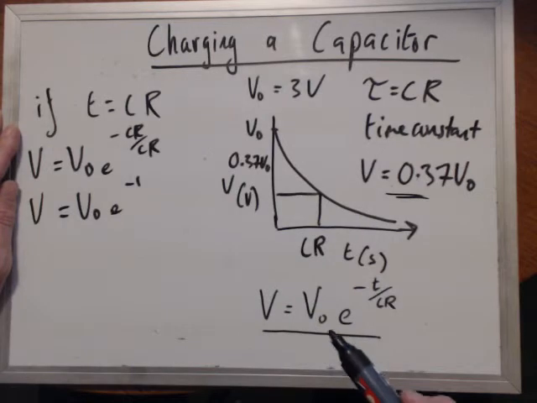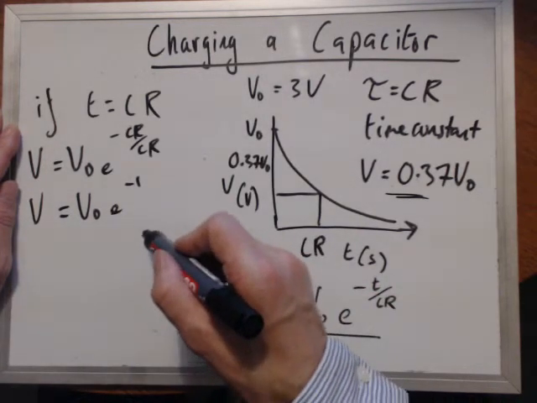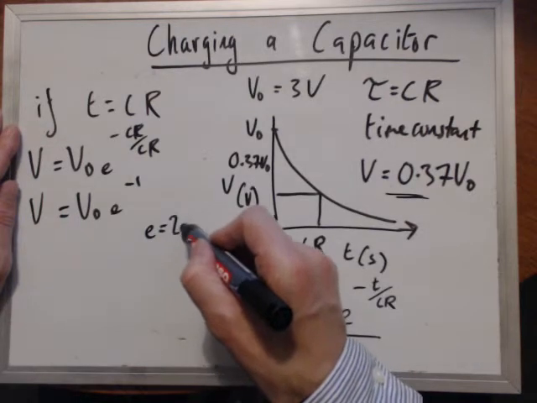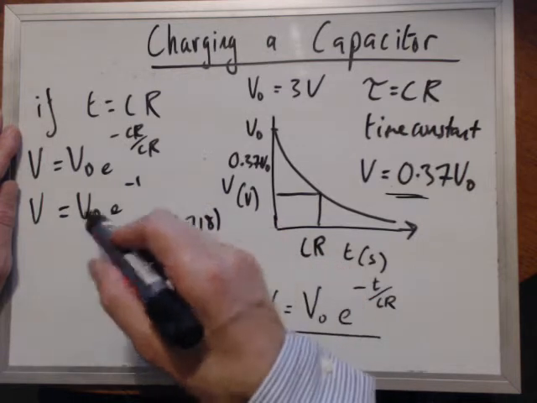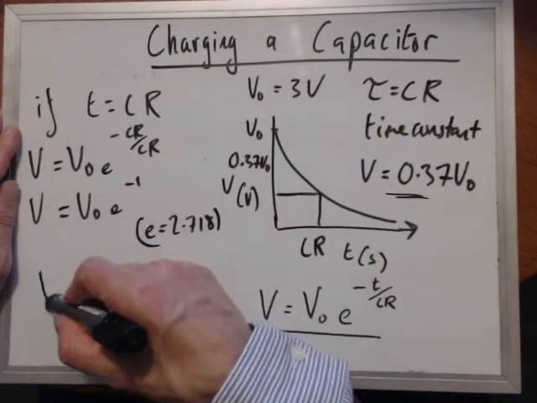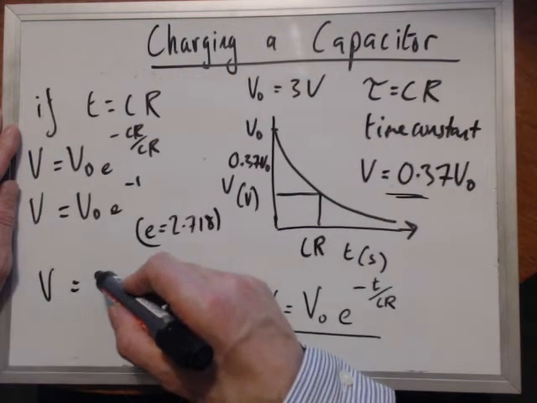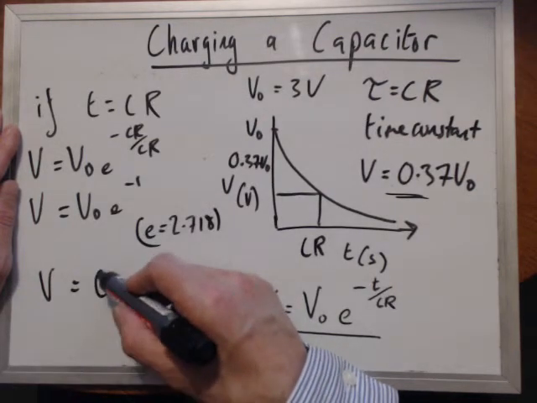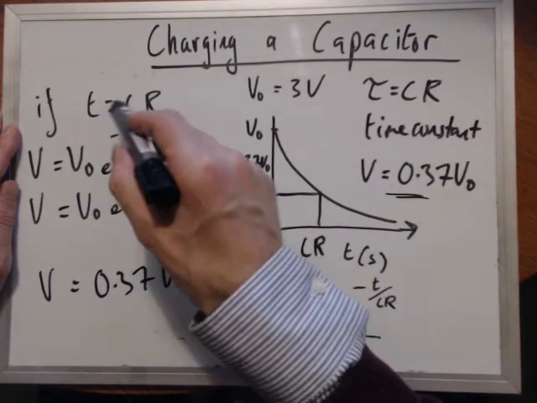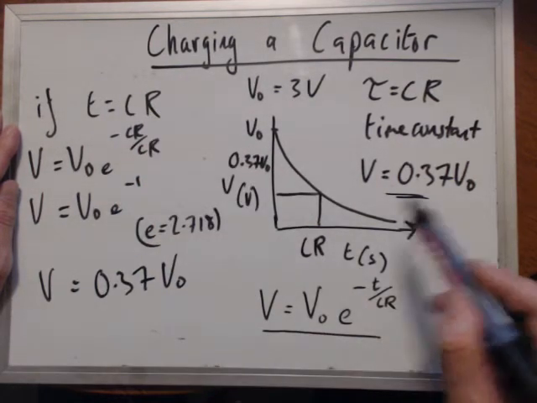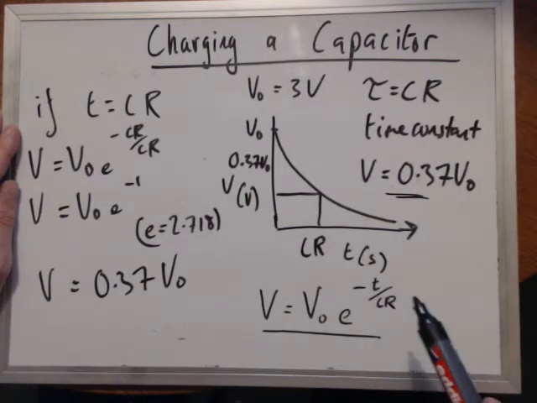And e is, I think, 2.718, something like that. We're going to check that. But therefore, 1 over that is about 0.371. So V equals 0.371 times V0. So if t equals CR, that's the case. And that's how we get this relationship. And this is the time constant.